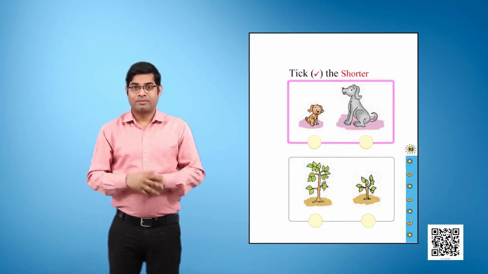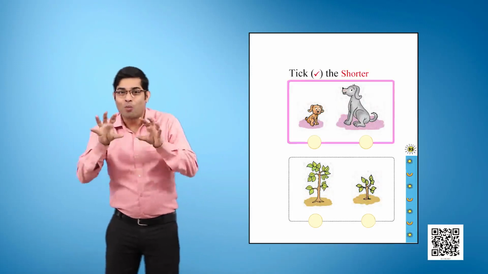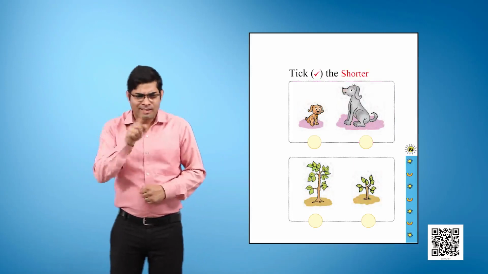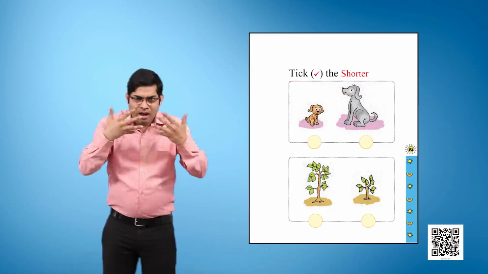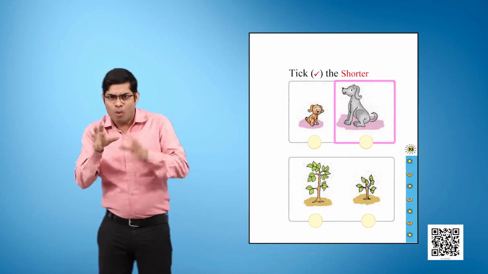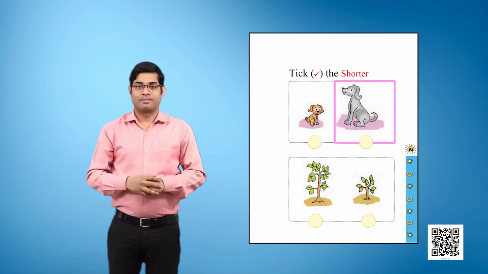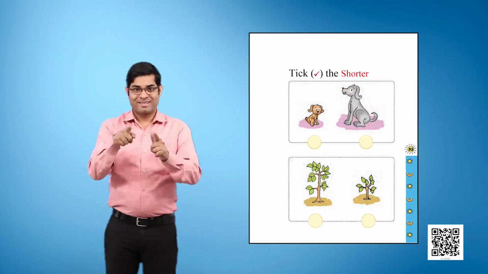Part 3. Picture 1 shows a cat and a dog. You have to tell which one is shorter, the cat or the dog. Picture 2 shows two plants.